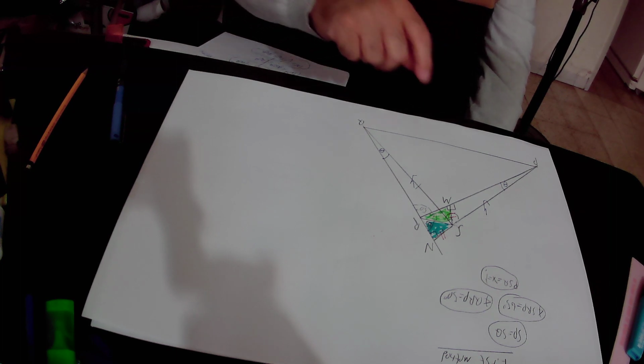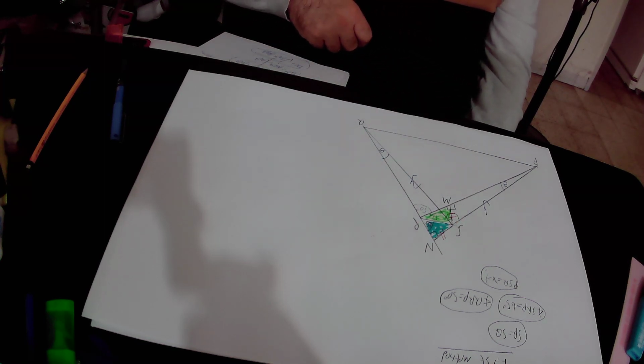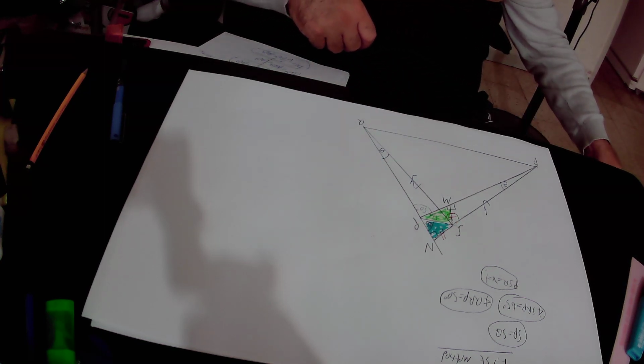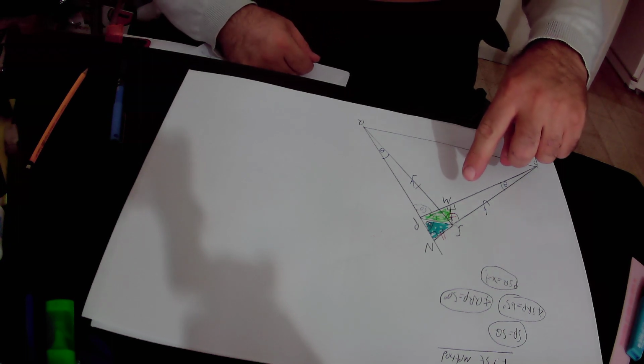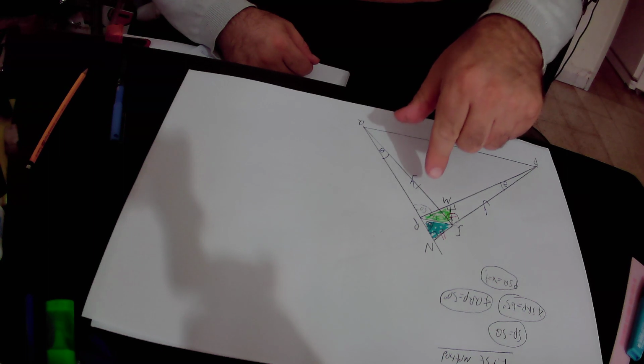From the fact that the green triangle is congruent to the blue triangle, we can conclude that SM equals SN. Then we proved that the right triangle SMP is congruent to the right triangle SNQ.